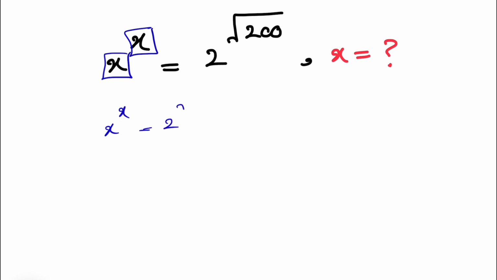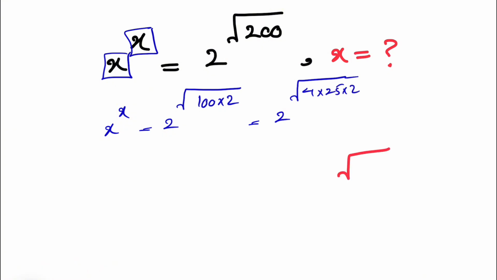So first of all, we have square root of 200, which is 100 times 2, and we also know that 100 is 4 times 25, so 4 times 25 times 2. And we know when we have square root of a, b, c, this will be equal to square root of a times square root of b times square root of c. So basically we can take the square root of each.